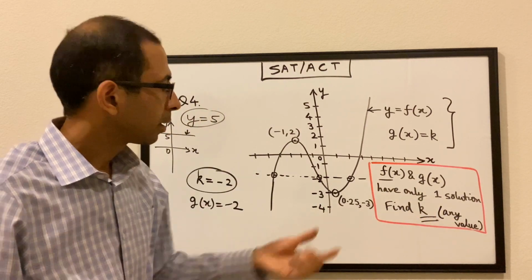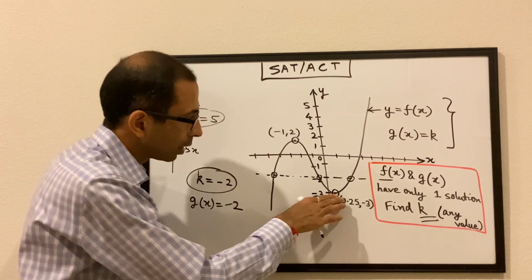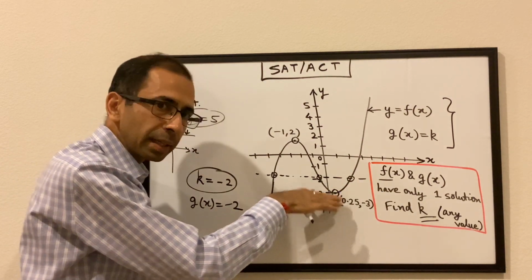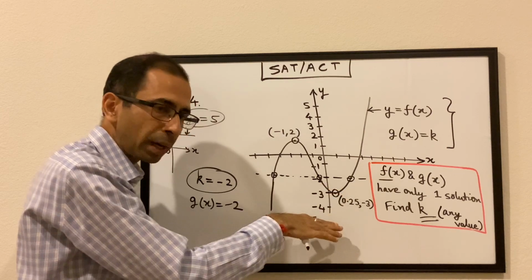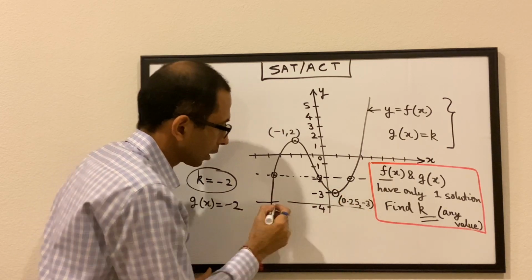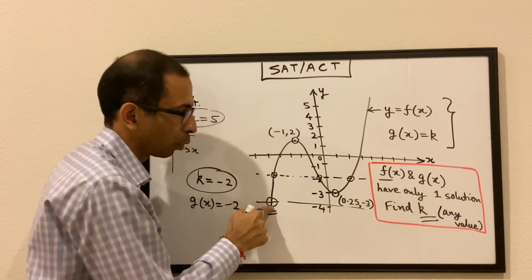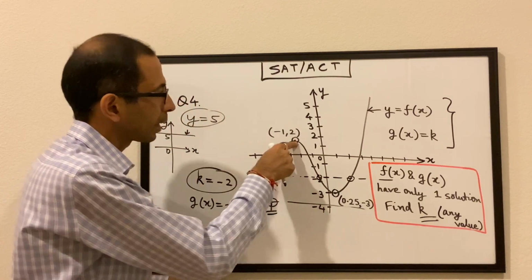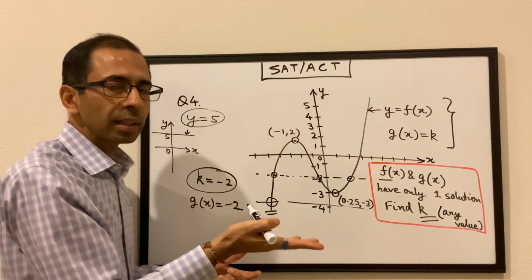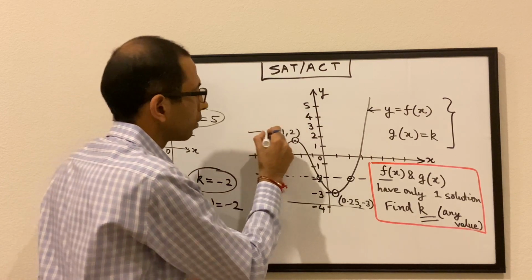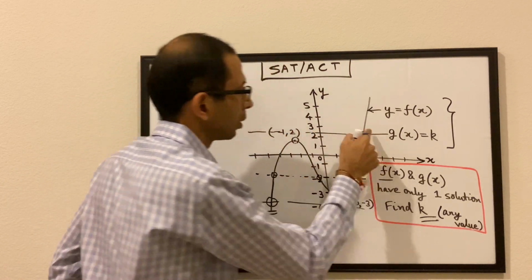It means that the line will have to be anywhere below minus 3, because if it is below minus 3 it will intersect only at one point, this point, correct? Or it has to be above 2, because if that line is above 2 then it will also intersect only at one point.